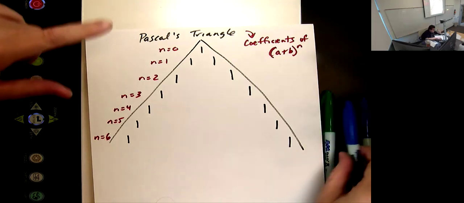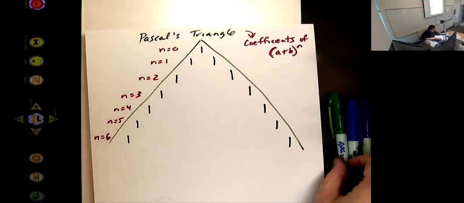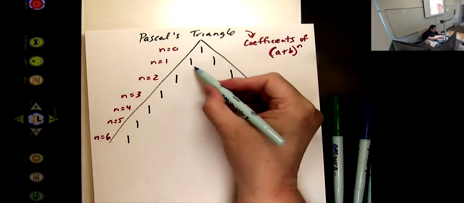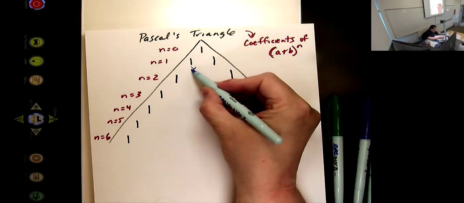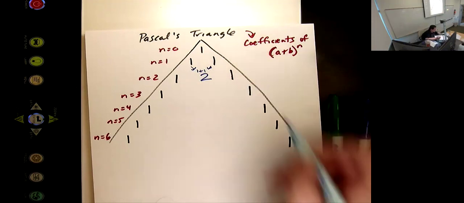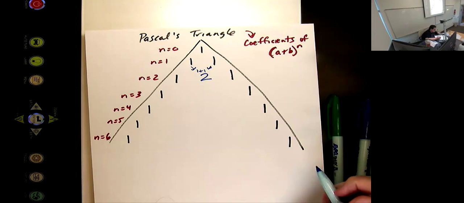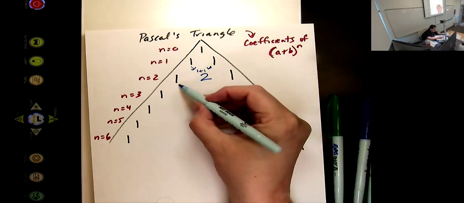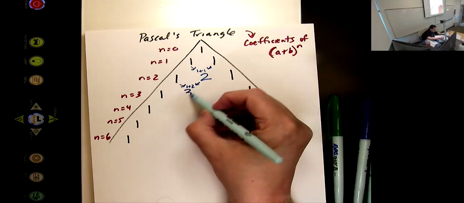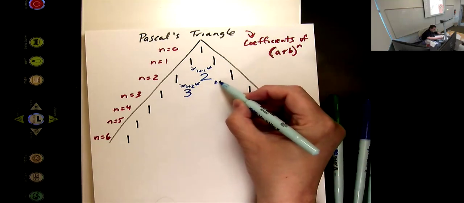What you do to fill out the inside is basic arithmetic. You take the two numbers above it and you add them together. 1 plus 1 is 2. 1 plus 2 is 3. 2 plus 1 is 3.